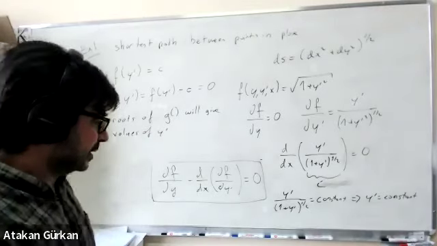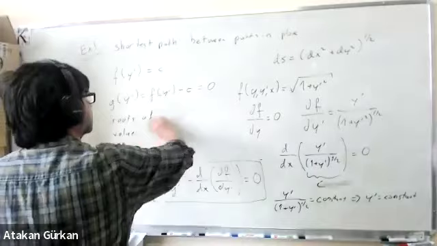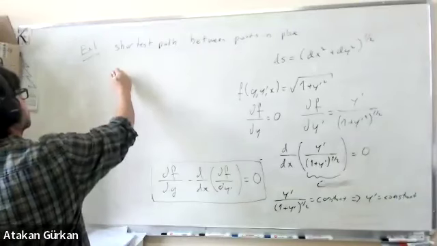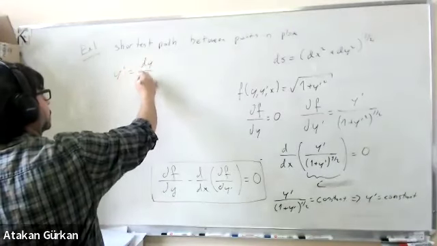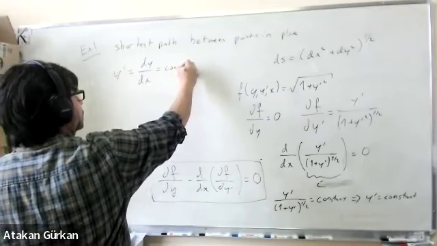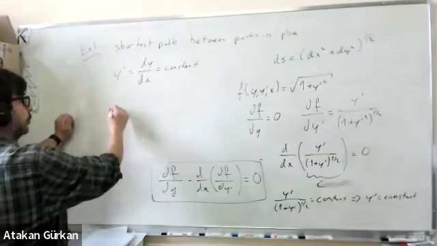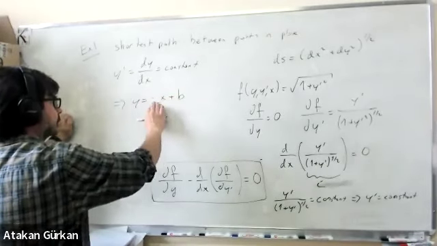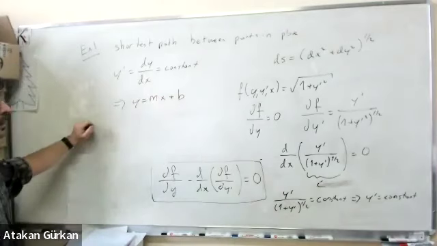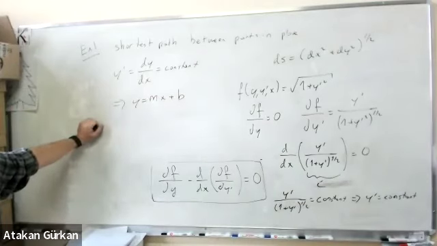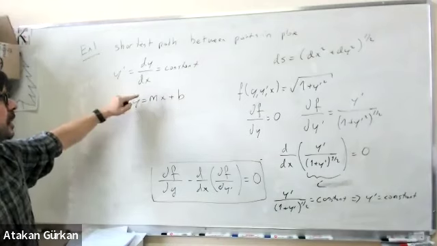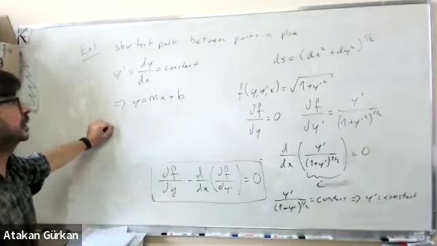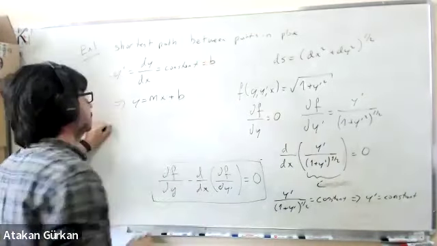All right, but if y prime is constant, remember what y prime is. It's constant. I can really integrate this. That's the general solution, right? If y prime is a constant, then y must be a linear function, y equals m x plus p.